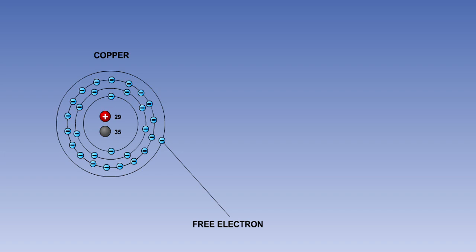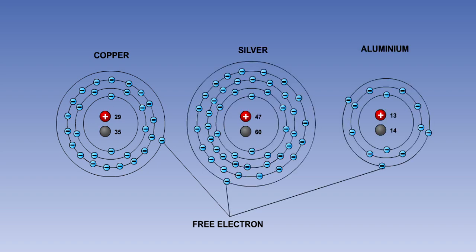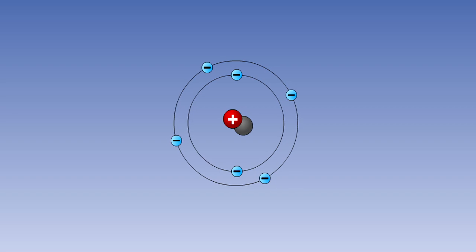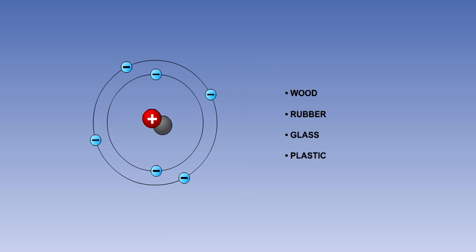Materials which have easily detached free electrons in their outer orbits are called conductors. Metals such as copper, silver and aluminium are good conductors. Materials which have very few free electrons are called insulators. Wood, rubber, glass and plastics are examples of insulators.